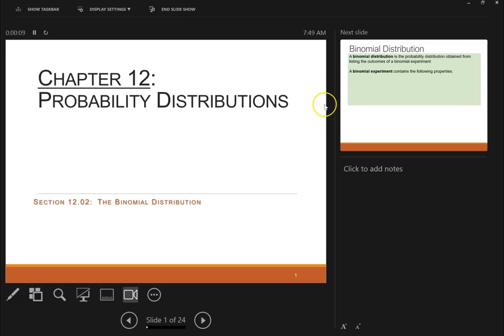We have been talking about these probability distributions here in 12.1. And hopefully you noticed that some of these probability distributions are kind of a hassle to come up with, to build out, to calculate all the individual probabilities.